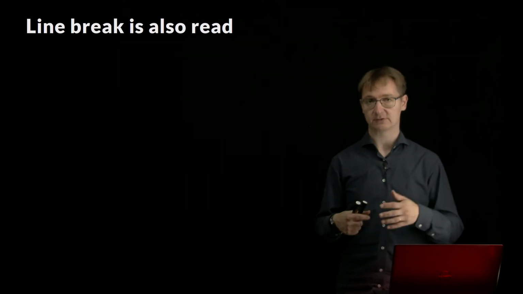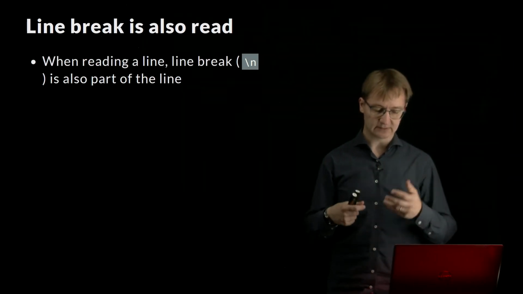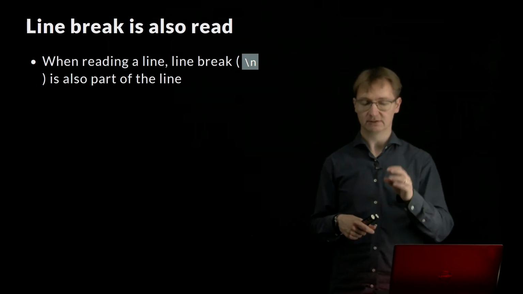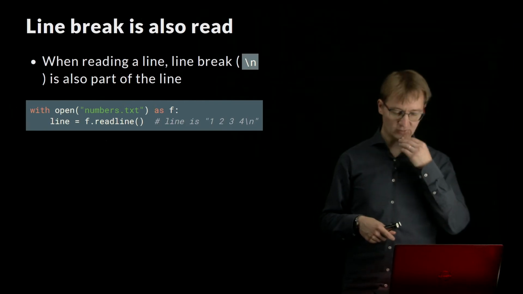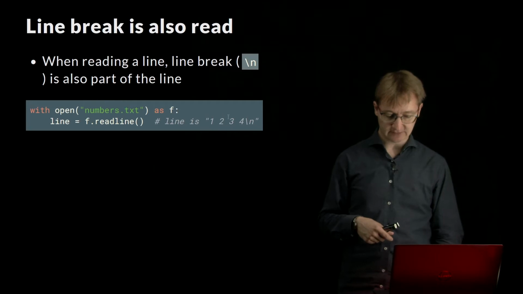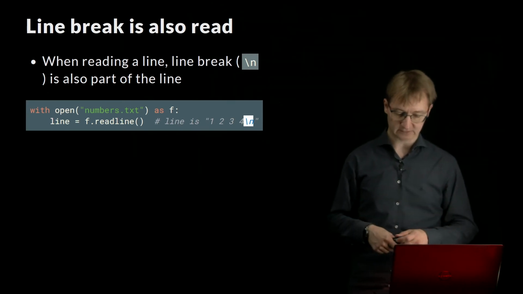As I mentioned, the line break is also part of the line. When we read a line, the line break is the last symbol on this line. As I showed you before, if I read one line from this file, I end up with this line break inside this variable.